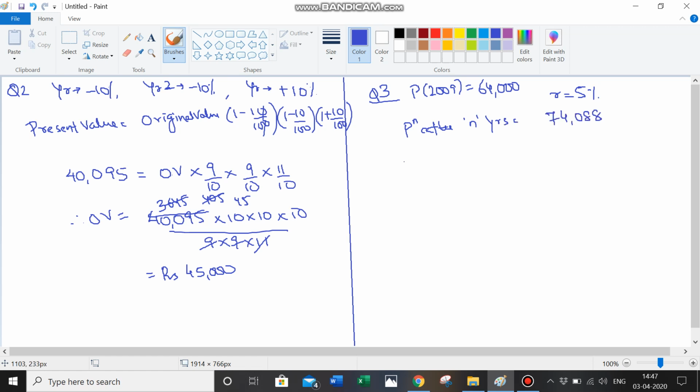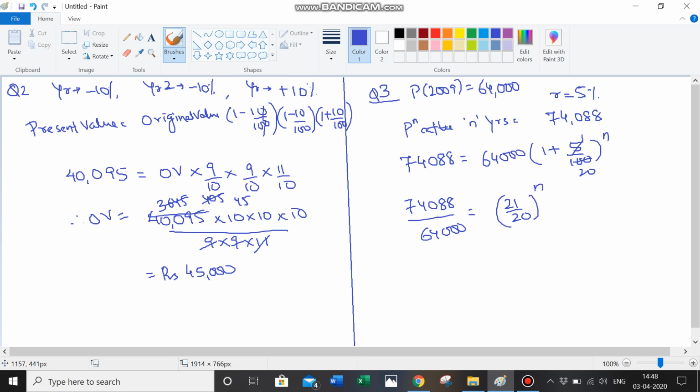So the formula that we'll use: 74,088, this is the amount, is equal to principal, in this case 64,000, times (1 plus 5 upon 100) raised to the power n. This is 1, this is 20. 74,088 upon 64,000 is equal to (21 upon 20) to the power n.